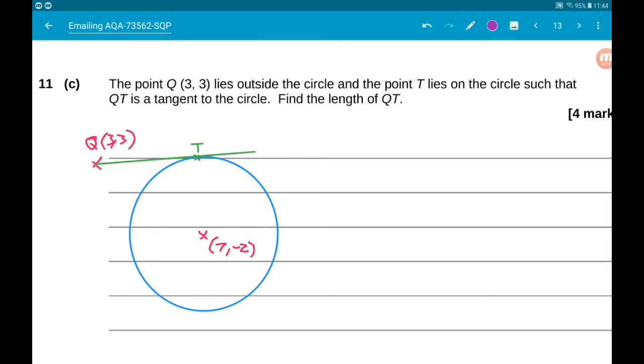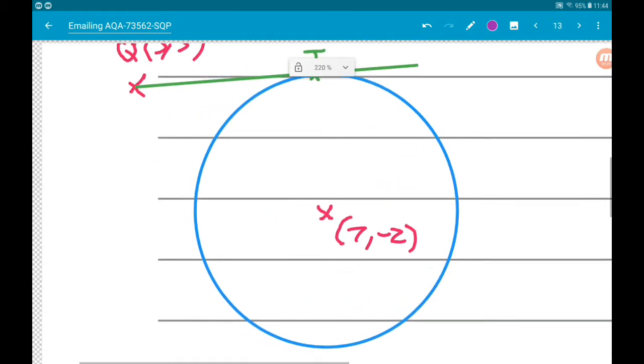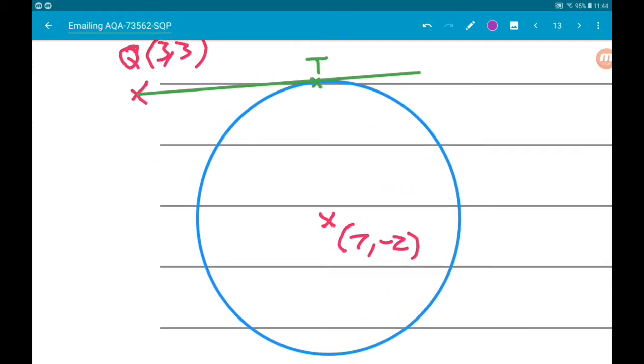So, a sketch for this is definitely handy, and that is what I've done here. So we know our centre coordinates are (7, −2). We know Q lies outside of the circle and has point (3, 3). So we know then it lies to the left and above the centre.